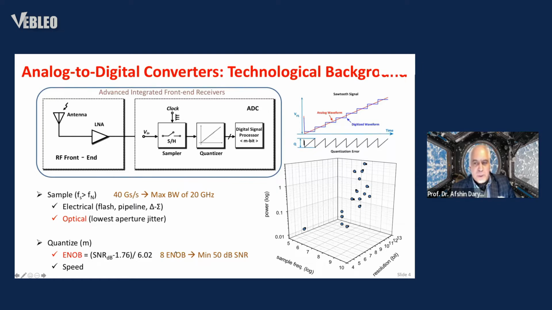We are dealing with 40 gigasamples per second. The challenge that you're going to see is when you increase the sampling rate to 10 and above, you're going to have the challenge of the power consumption and also the fact that you would not have the high resolution. And the talk that I'm making today is to clarify how we are going to accomplish this.